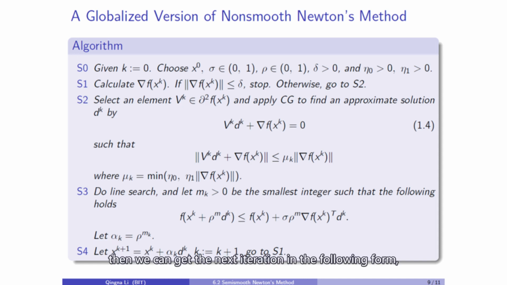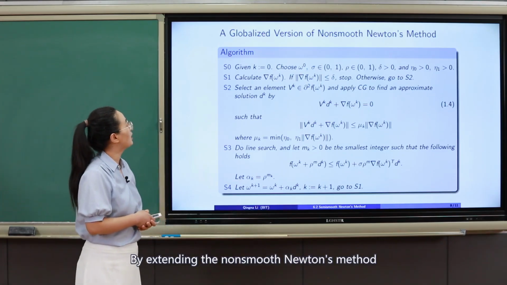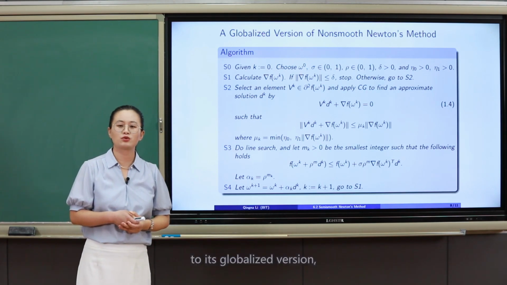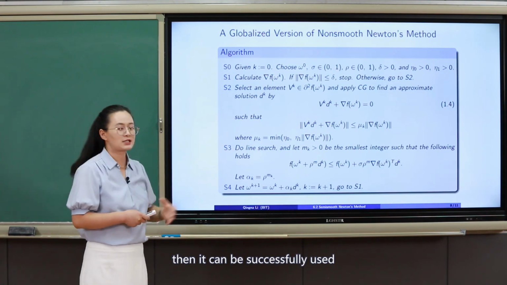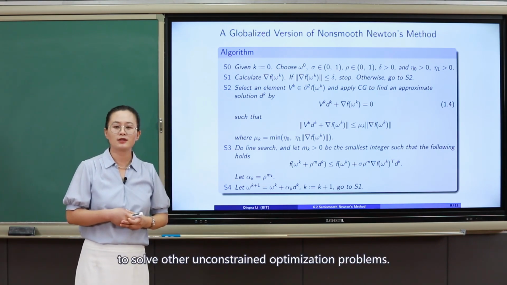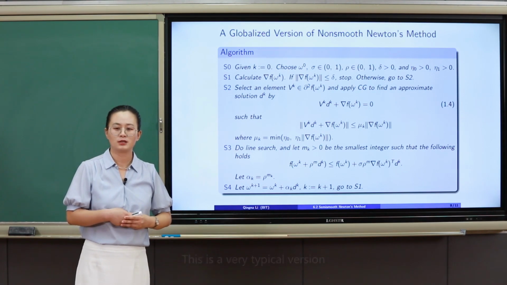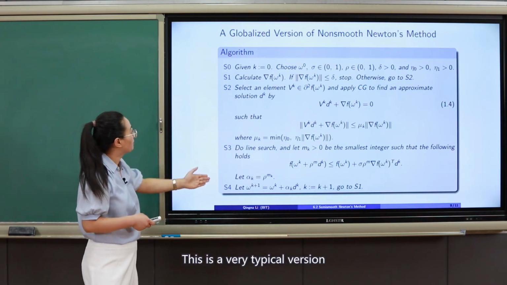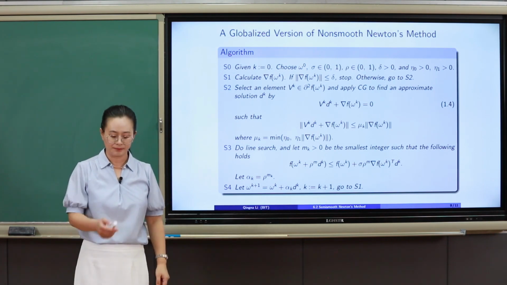After that, we get the next iteration in the following form, and the cycle goes on and on. By extending the non-smooth Newton's method to its globalized version, it can be successfully used to solve other unconstrained optimization problems, and we do not have to worry about how to choose the initial point. This is a very typical version of the globalized semi-smooth Newton's method.